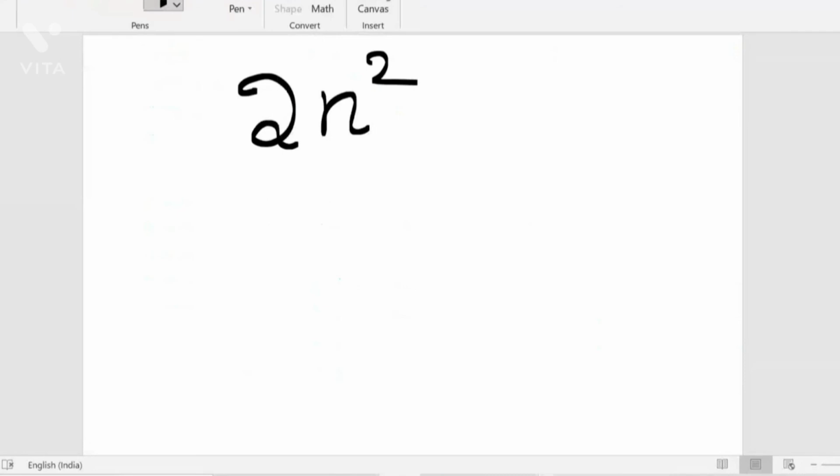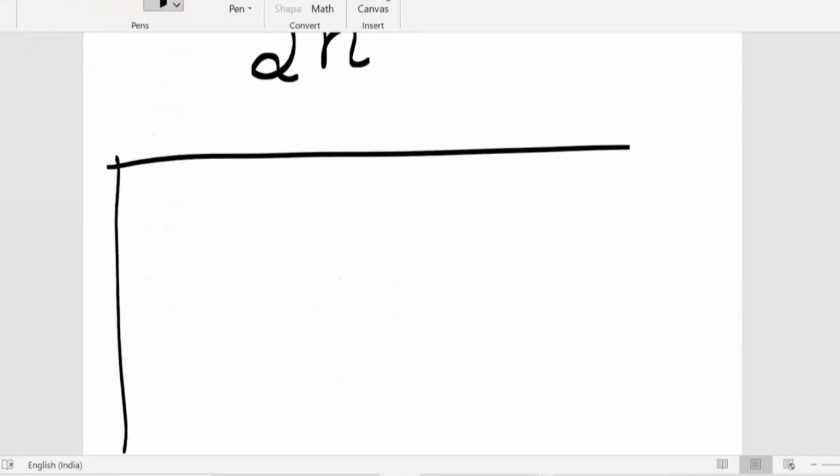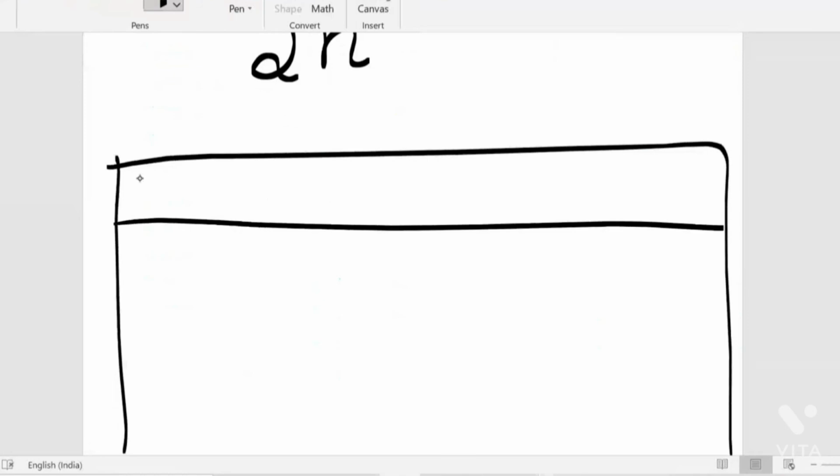This formula will help you know how the electrons of an atom are distributed in the different orbits of an atom. So what is the rule? I'll draw a table to understand better.